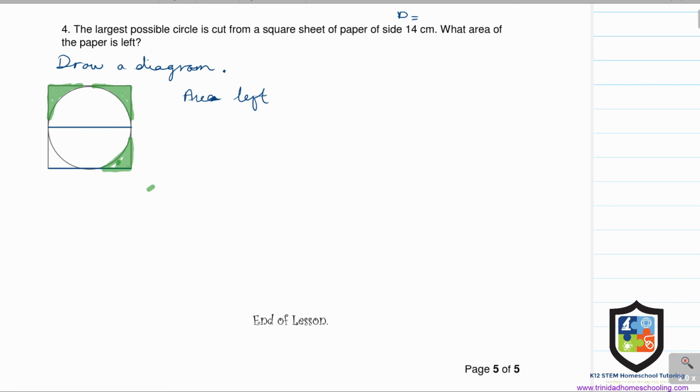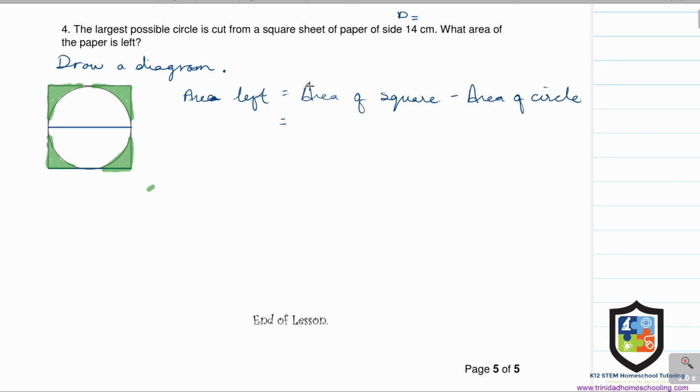We find the area of the square and subtract the area of the circle from it. Right, nice. So the area left is the area of the square minus the area of the circle.